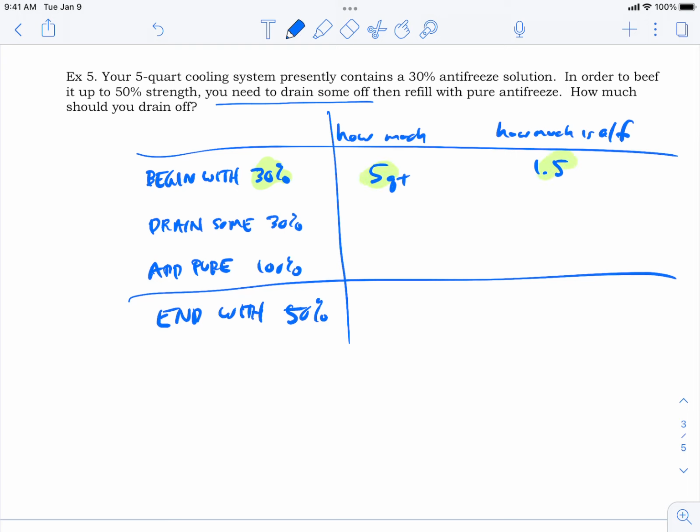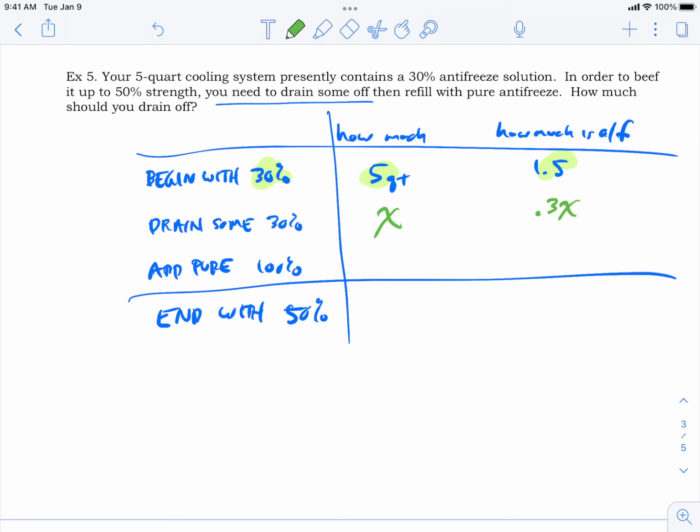Okay. I'm going to drain some. How much am I going to drain? I don't know. How much antifreeze will I be draining? Well, same idea. 30% of this is going to be the actual antifreeze. And so 0.3x is coming out of the system.